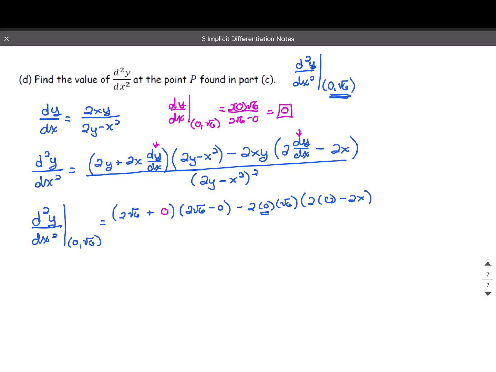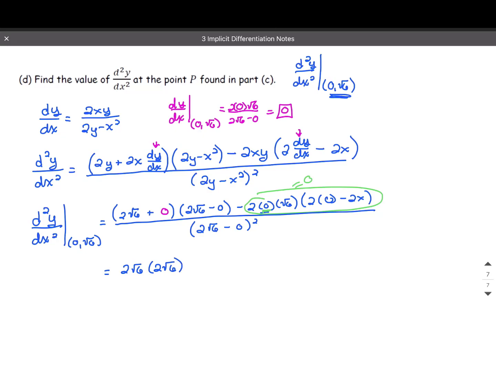So this whole second part here is going to become 0 because of that piece. All over 2 times the y, the square root of 6, minus 0 squared, all squared. Okay, a little bit more algebra here. So we've got 2 rad 6 times 2 rad 6, minus 0, so I don't have to write that, all over 2 radical 6 quantity squared. Well, guess what? That numerator is equal to the denominator. Our second derivative value is 1.